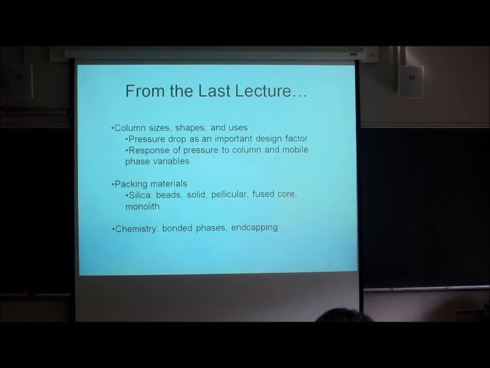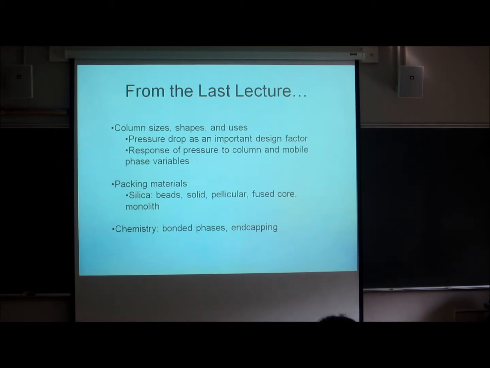That idea will show up again in a couple minutes, and it has to do with how you design a method. What are the parameters with which you can operate to do an efficient separation? What you try to do is avoid surprises like huge pressure drops that can break the column down on you and cost $1,000.